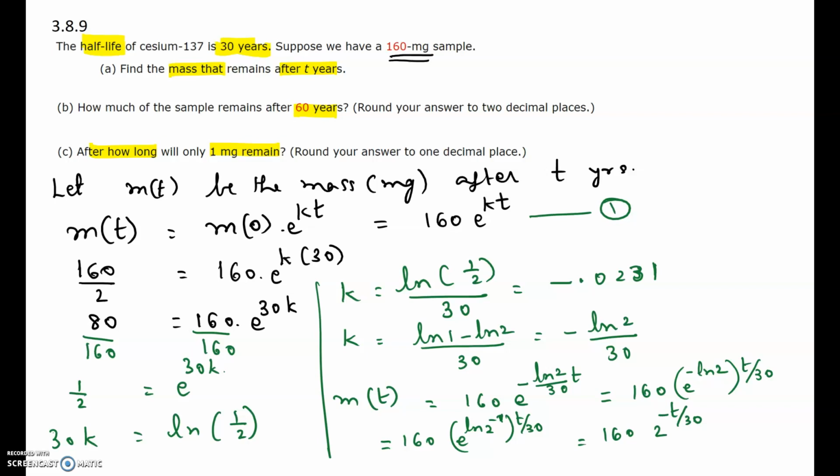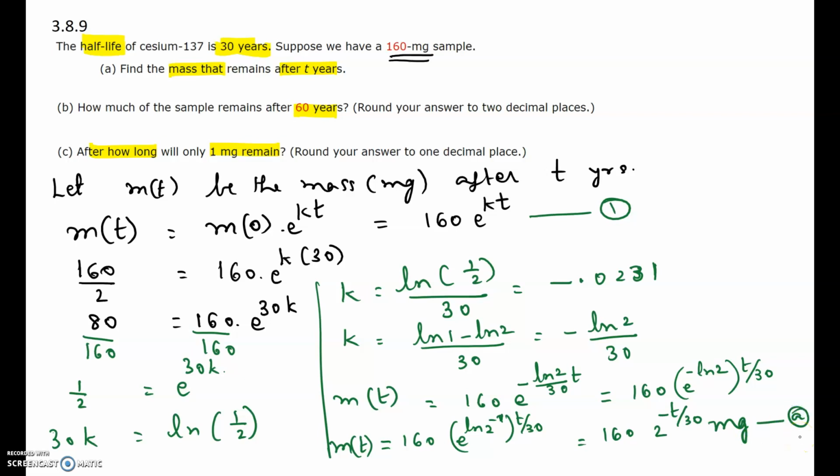The negative sign can be taken as an exponent of 2 by the power rule of logarithms, so it is e to the ln 2 to the negative 1 t over 30. E and ln are inverses of each other, so they cancel out. So we get 2 to the negative t over 30, which is the mass after t years, in milligrams. That answers the first part of the question.